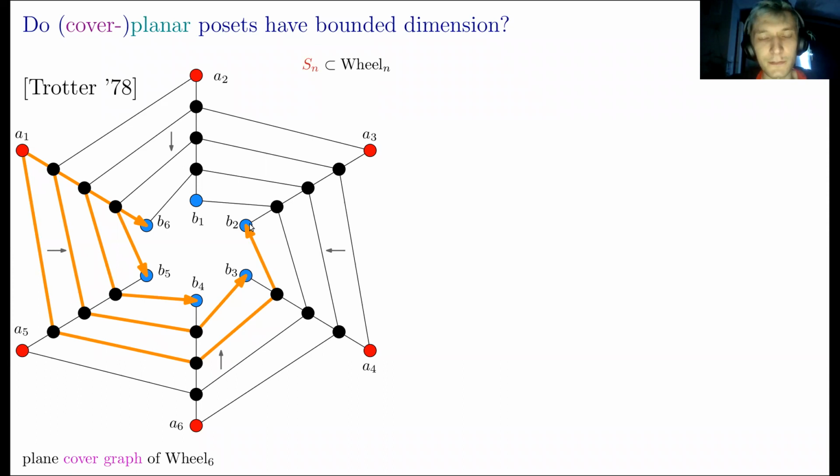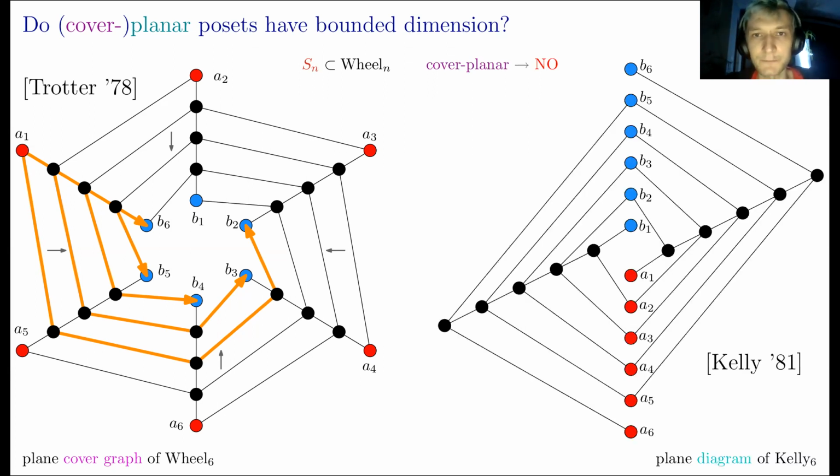And it's not that hard to see that these are the only B's we can be below, because these edges are not going in the right direction, and I cannot go any further, so I am incomparable with B1. And the same can be checked for each A and B. But yeah, this picture is symmetric, so I think maybe even I proved this. Okay, but let's move on. So cover planar posets don't have bounded dimension.